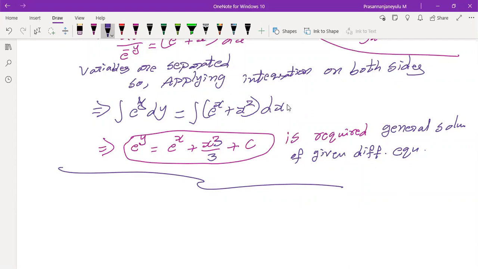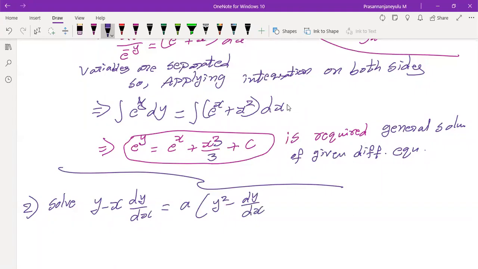Okay, students. Any other? Okay. Going to one more question. Now solve y minus x into dy by dx is equals to a into y square minus dy by dx.